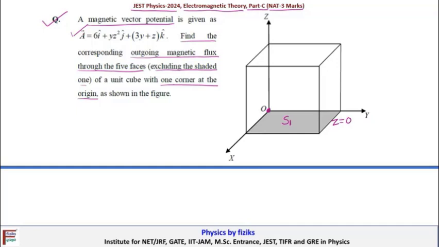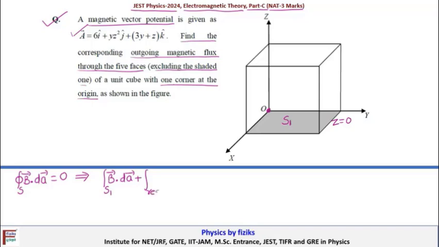So we know that the flux through a closed surface is given by closed B dot dA. This is the flux through a closed surface and this is always 0. Flux through any closed surface is 0, and we can write this as the flux through surface S1, B dot dA, plus the rest 5 surfaces.